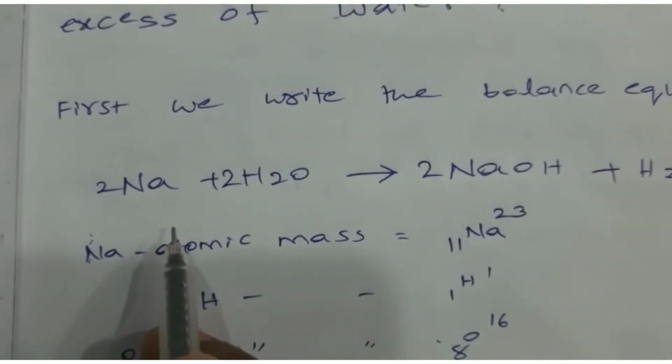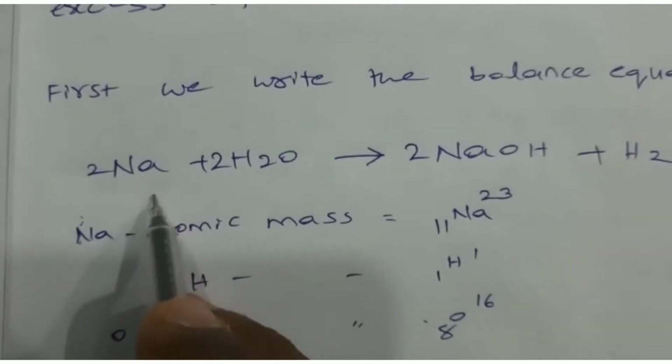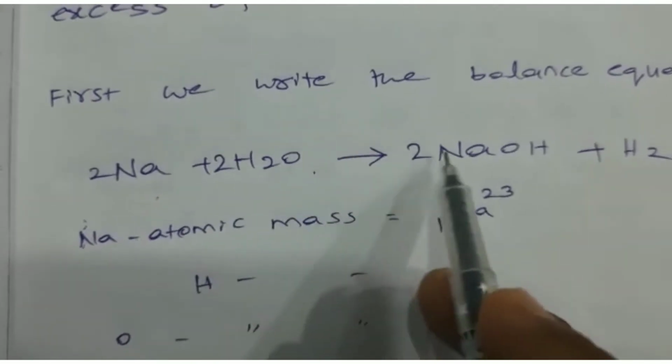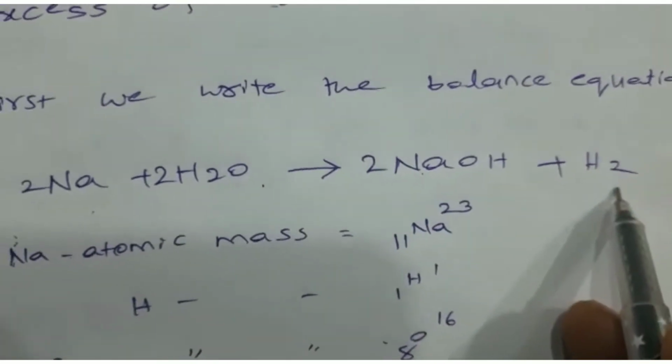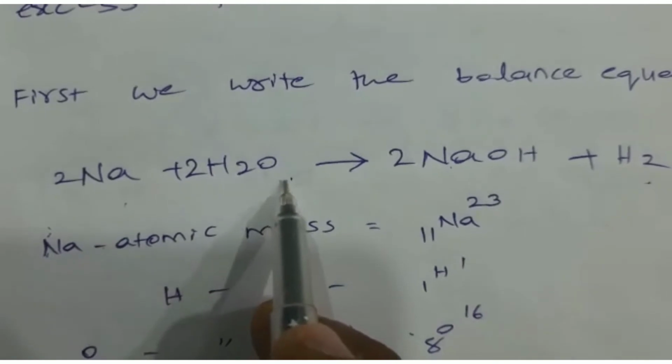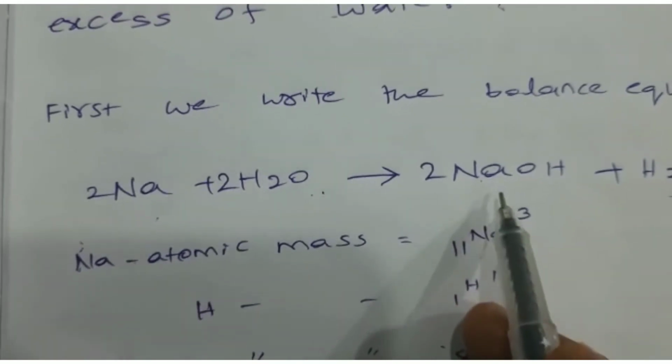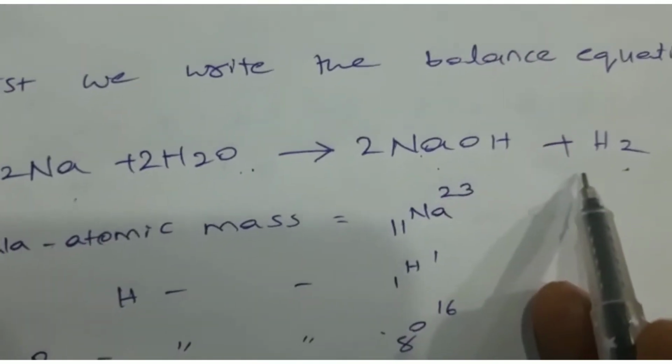So we write the balanced equation. Sodium reacting with water and forming NaOH and H2. So 2Na plus 2H2O gives 2NaOH plus hydrogen gas.